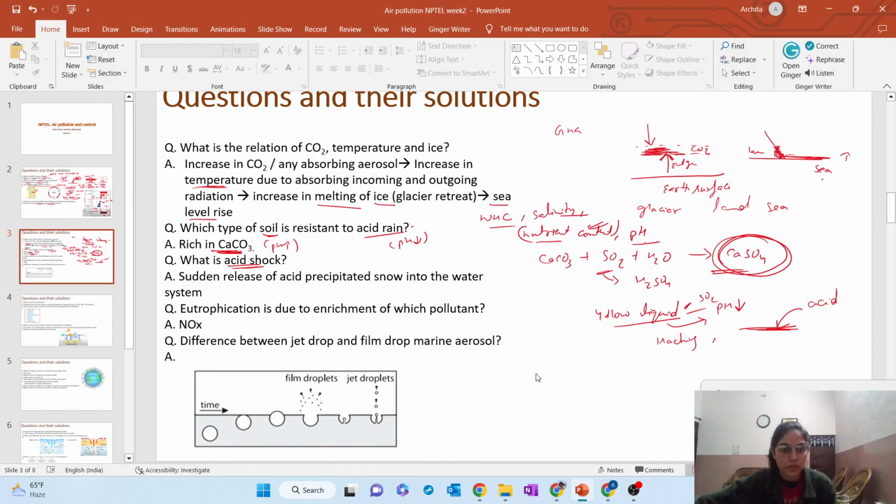Okay, right. Now another effect that air pollutant can have on the water is eutrophication. So what eutrophication is, is when in a water body there is an increase in the production of algae.